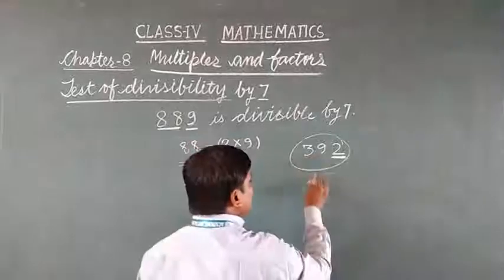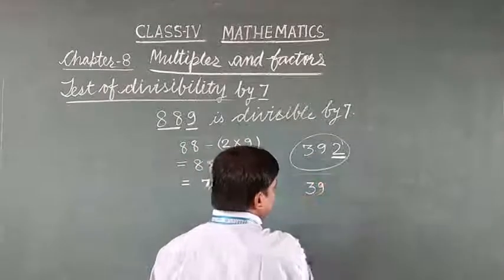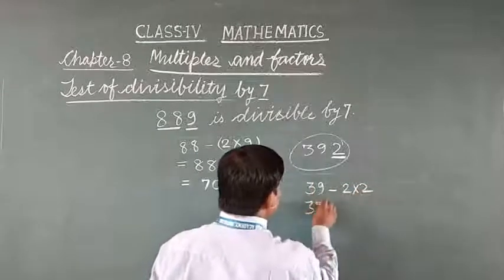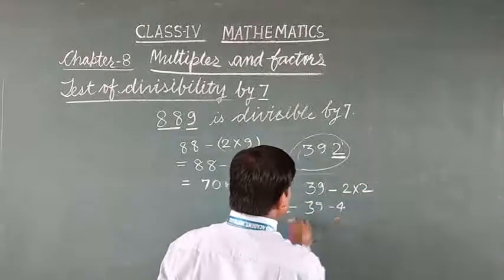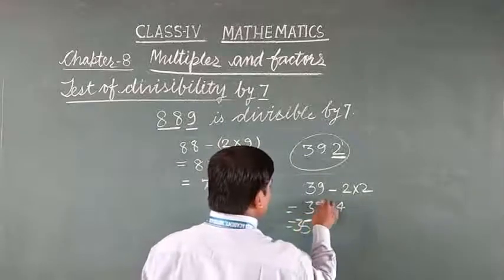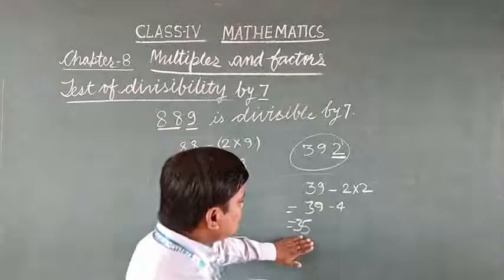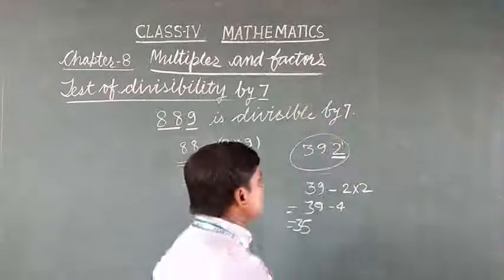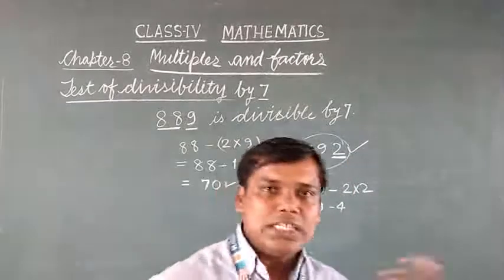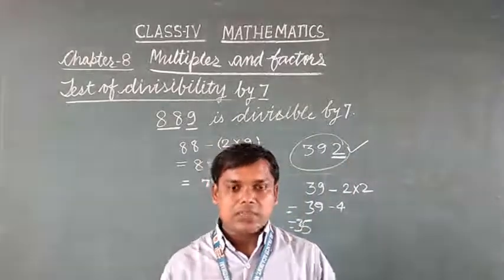So number formed by remaining digits we have 39 and 2 times 2. So 39 minus 4, that is 35, and 35 is a multiple of 7, so 392 is divisible by 7. Similarly, you can check for the other numbers given to you.